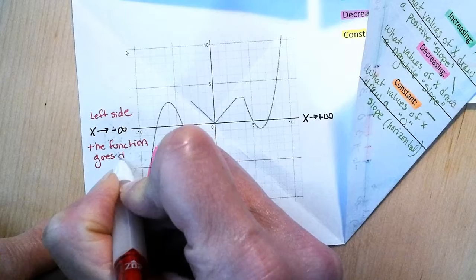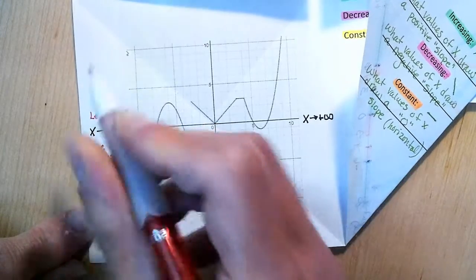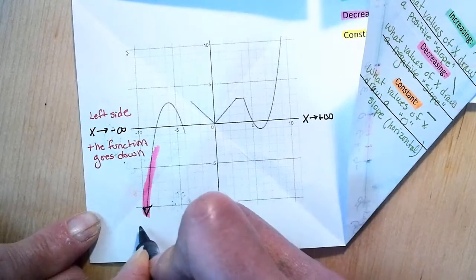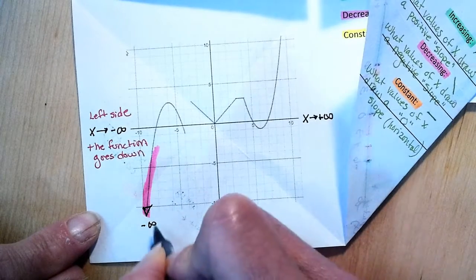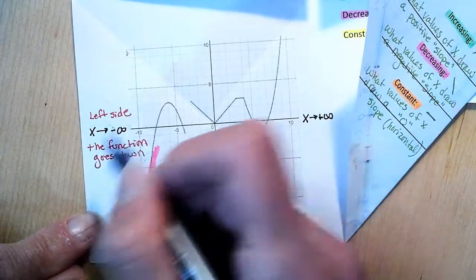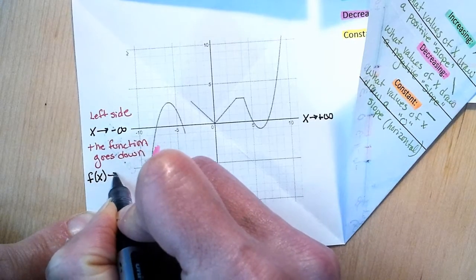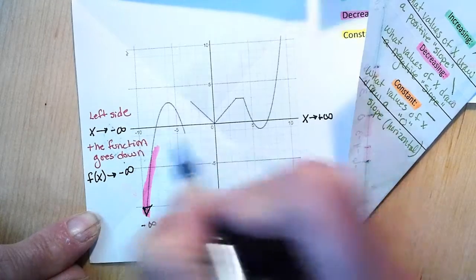The way we write that the function goes down is we say the function, because down here is where f of x is negative infinity. So here we say the function also goes down.